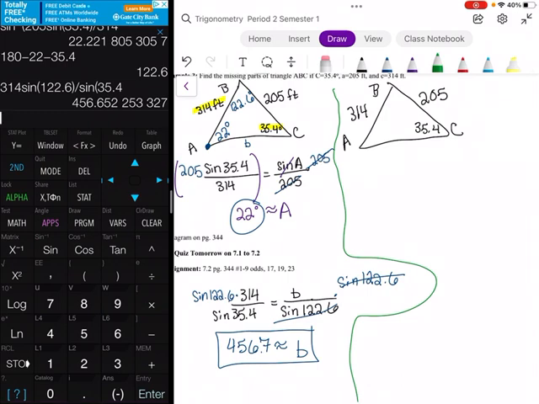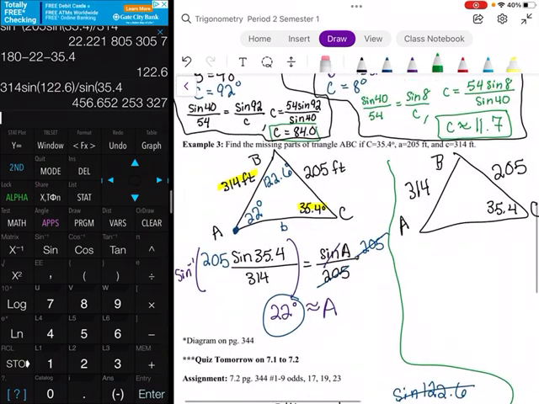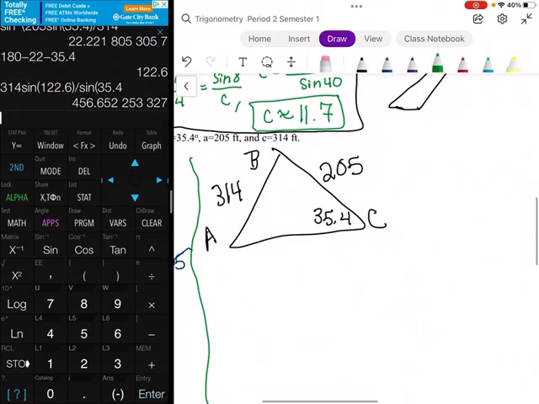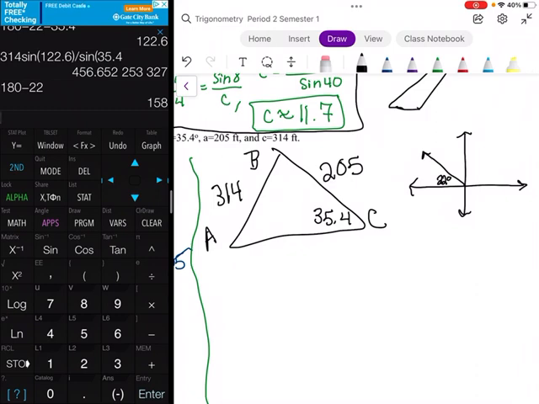So in our second triangle, we know that we have a reference angle of 22 for angle A. But we're going to find our other positive angle. So we know it has a reference angle of 22 degrees. And if we take 180 minus 22, we would get 158. So our second angle that's possible for angle A is 158.